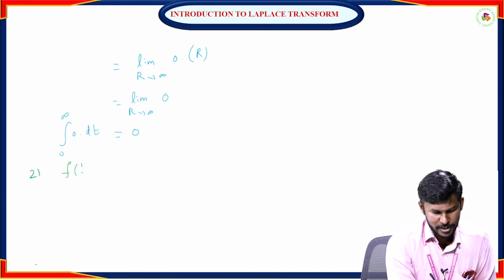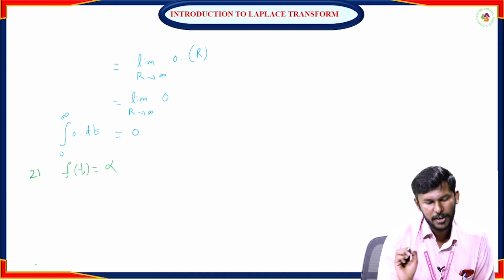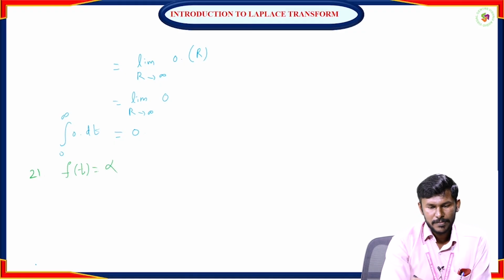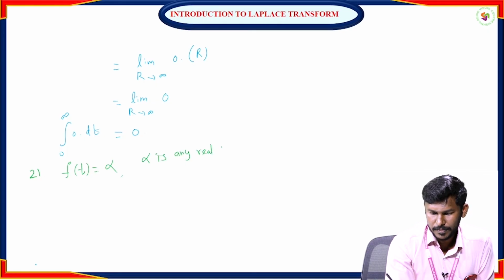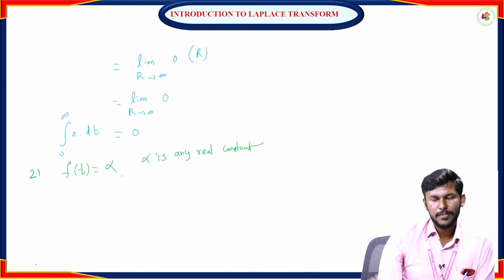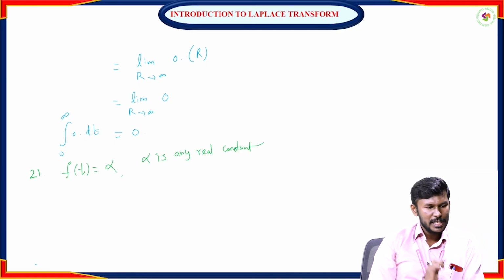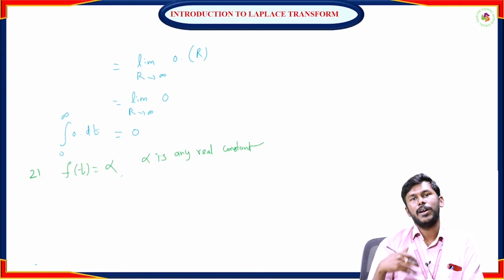Now my f of t is some alpha, some constant is given. Here alpha is any real constant. Okay, for this problem, how to find my Laplace transform?